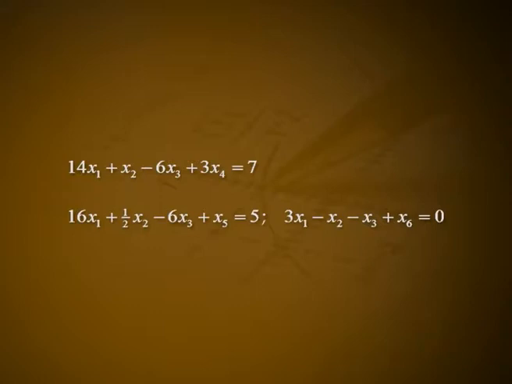Solution. Introducing slack variables x5 and x6 to the problem, the constraints become equalities as follows: 14 x1 plus x2 minus 6 x3 plus 3 x4 equal to 7, 16 x1 plus 1 by 2 x2 minus 6 x3 plus x5 equal to 5, 3 x1 minus x2 minus x3 plus x6 equal to 0.